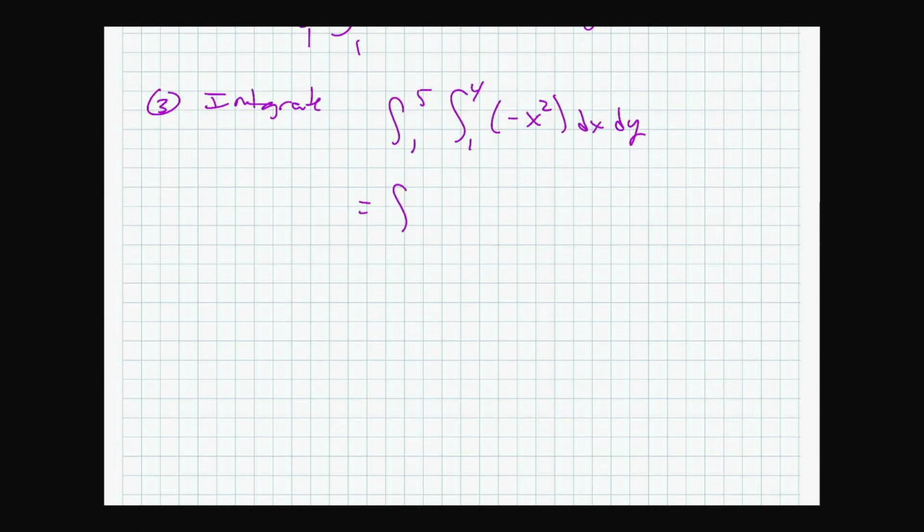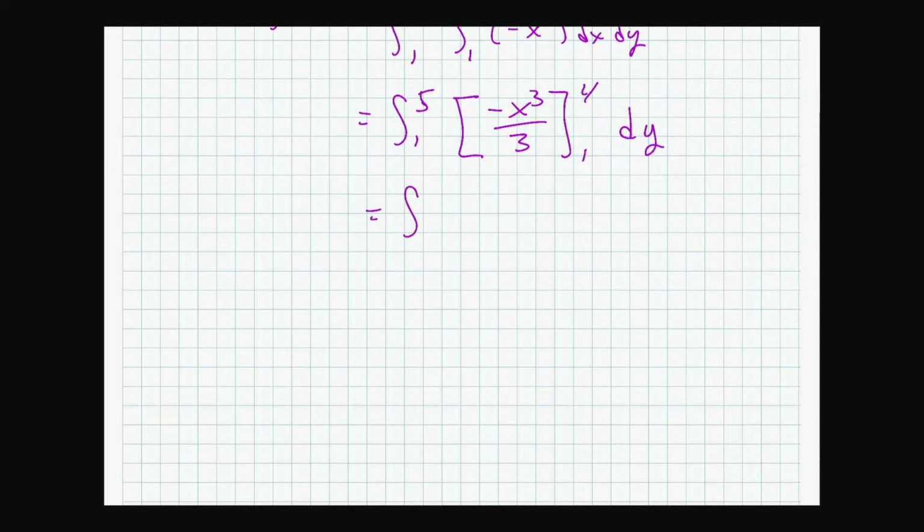So let's do it. You would find an antiderivative, so negative x cubed over 3 from 1 to 4. Then put in the 4. Negative 4 cubed over 3 minus negative 1 cubed over 3 dy.